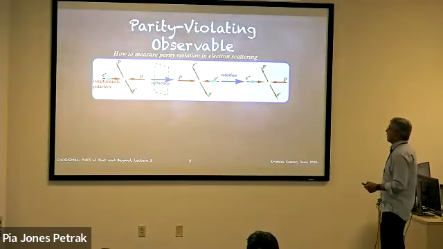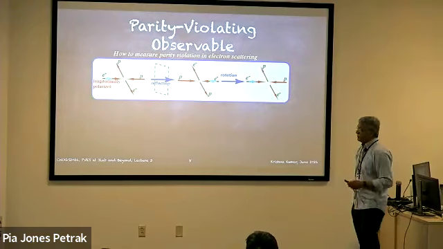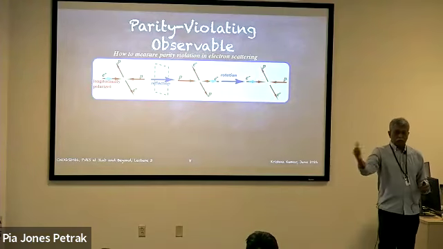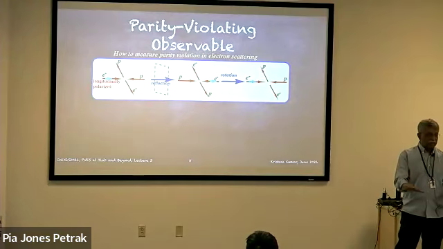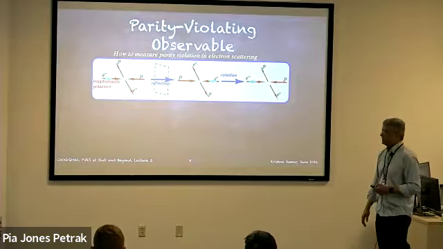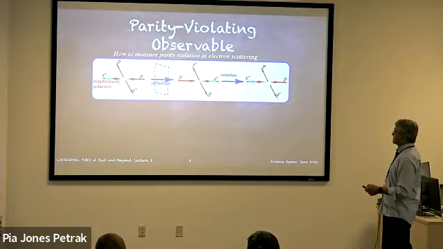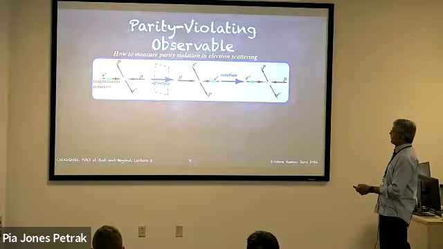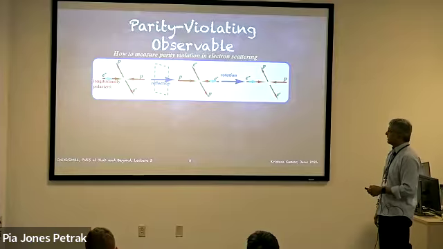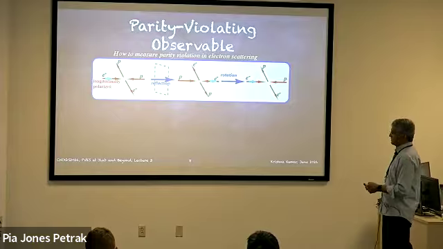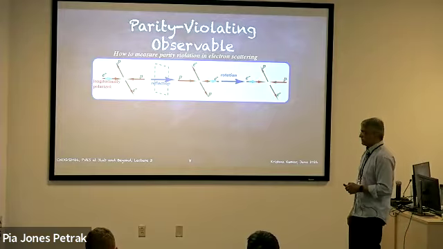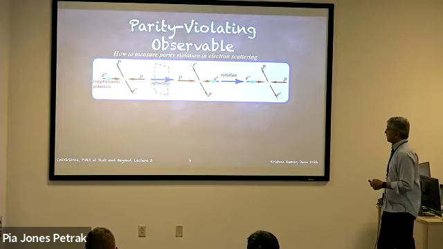So first, let's convince ourselves that if I just flip the longitudinal polarization of the electron beam, it is a parity violating interaction. So if I take this in the center of mass frame, I have the electron coming in longitudinally polarized. Reflection, I will change the sign of momentum, but not the sign of angular momentum.